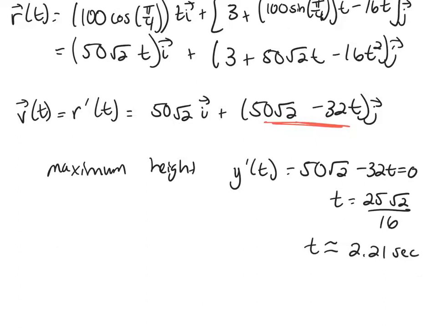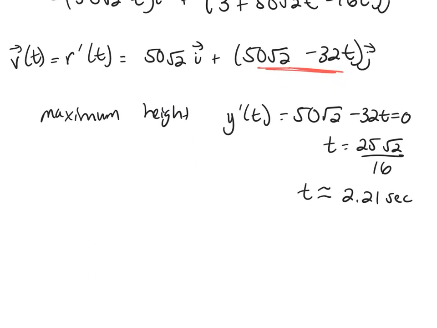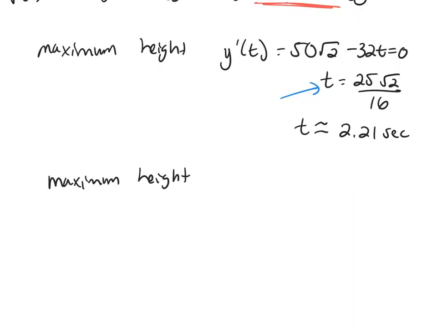But that wasn't really what I was asked for. I was asked for the actual height. What is the maximum height reached, not when does the maximum height occur. So in order to find the maximum height, you're going to plug this value of t into your r function, but really only into the y-coordinate part.